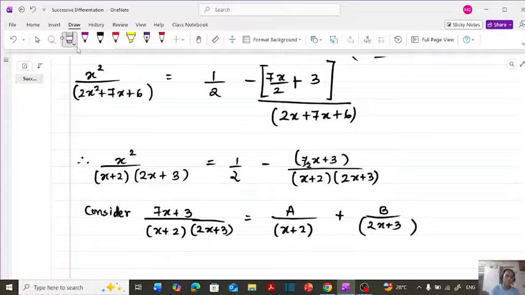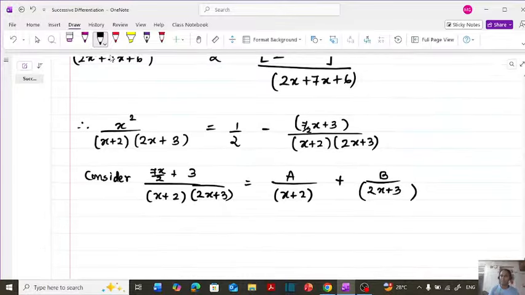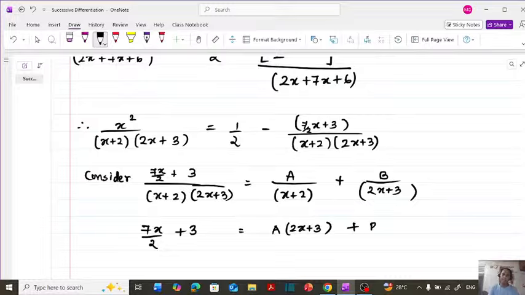Okay. 7x by 2 plus 3. ऐसे करना है. तो अब आप इसका आंसर निकालिए. तो ये हो जाएगा 7x बाई 2 प्लस 3 और यहाँ पर आएगा आपके पास a टाइम्स 2x प्लस 3 और b टाइम x प्लस 2.